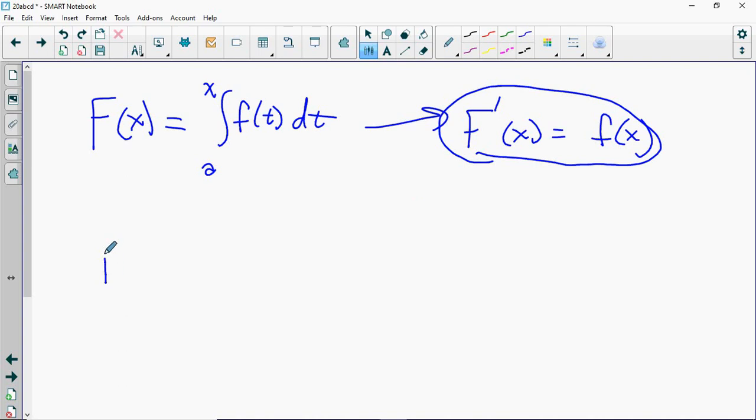So let's say that we had big F of x is equal to the integral from a to x, because they always look something like this. Let's get some trig in here. So let's say cosine of t dt.